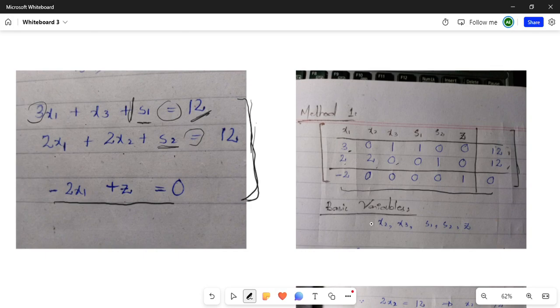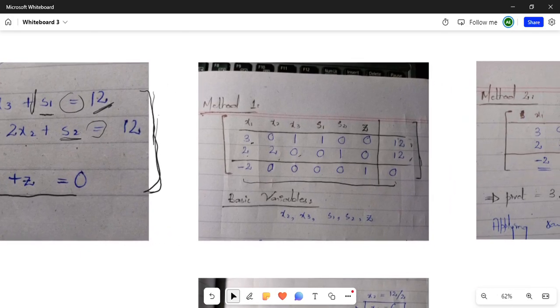Now we will identify the basic variables. What are basic variables? Basic variables are those variables which have only one non-zero value. For example, we have x3. We will mark it as a basic variable. Why? Because it has only one non-zero value.